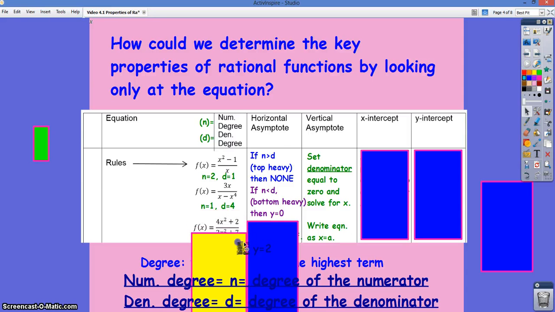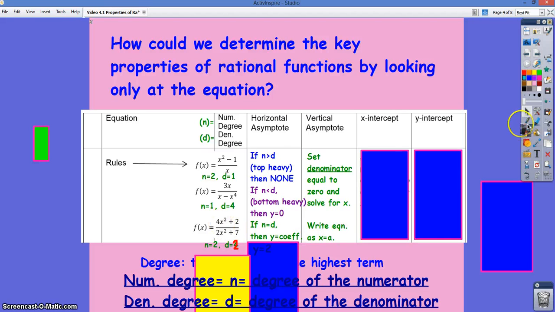Finally, what if we have a case like this? Here our degree of the top and bottom is 2 and 2, and I have a typo here. So n equals 2 and d equals 2. In this case, if n equals d, if the degrees are the same in the top and the bottom, then our horizontal asymptote is going to be y equals whatever their coefficients are divided by each other.